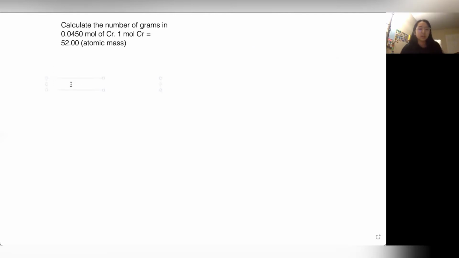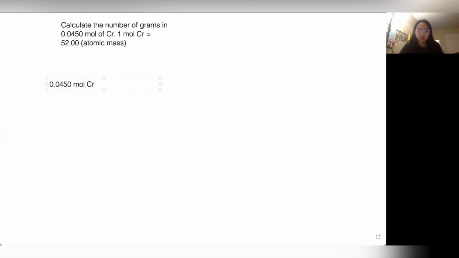So we have this example problem where we have 0.0450 moles of chromium, and we have to calculate the number of grams that is. So what we're going to do is start out by doing 0.0450 moles of Cr.